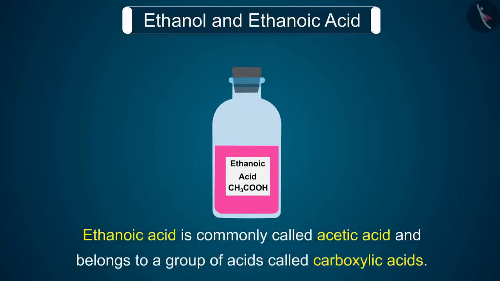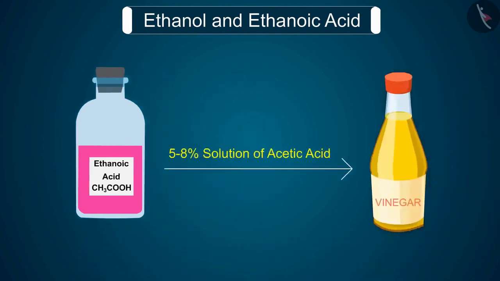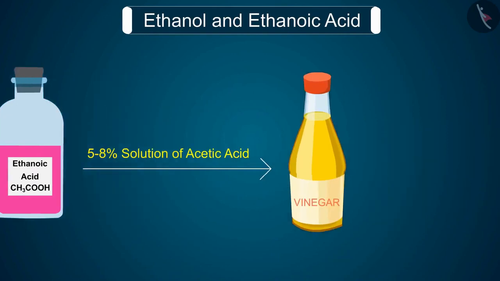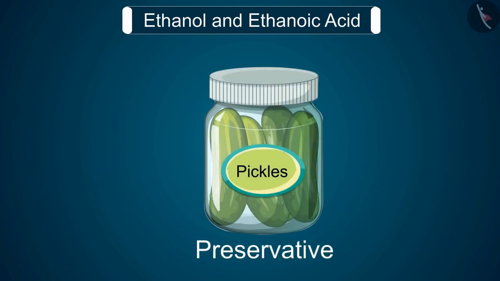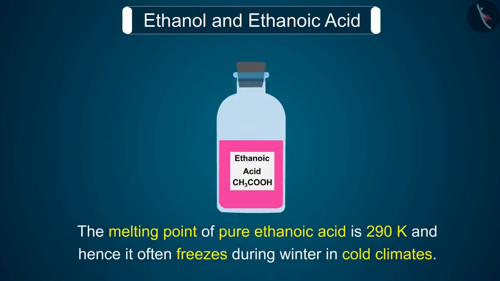Ethanoic acid is commonly called acetic acid and belongs to a group of acids called carboxylic acids. 5 to 8% solution of acetic acid in water is called vinegar and is used widely as a preservative in pickles. The melting point of pure ethanoic acid is 290 K and hence it often freezes during winter in cold climates.